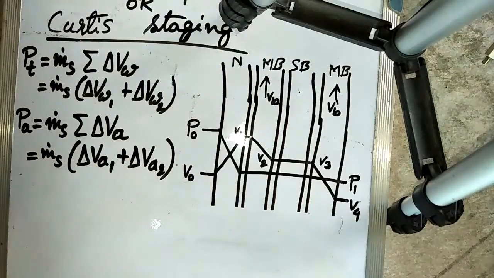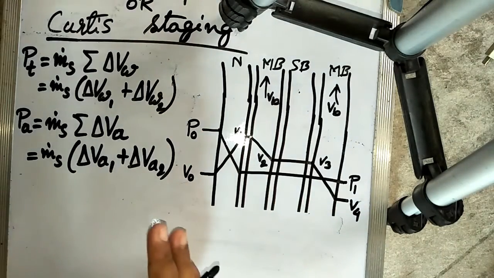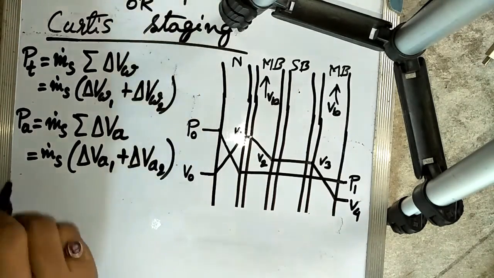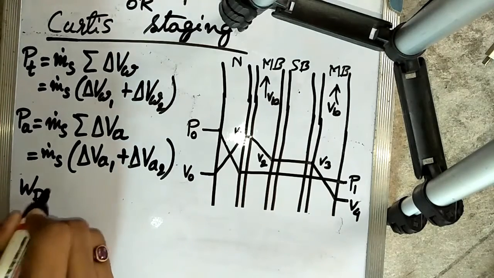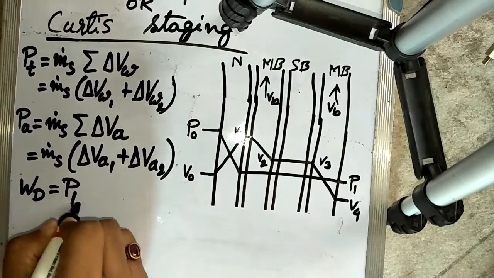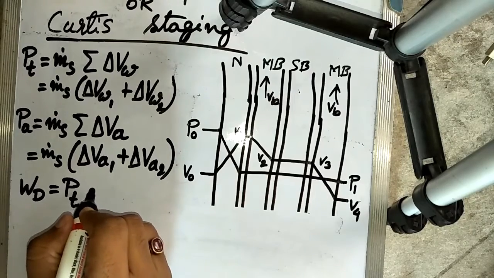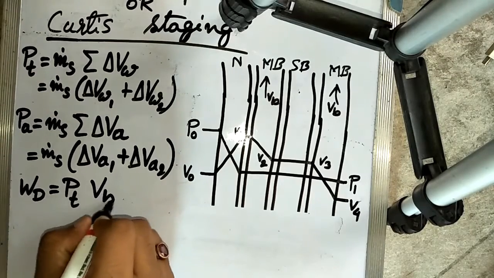So the diagram work, that is W suffix D, is equal to tangential thrust into VB, the blade velocity.